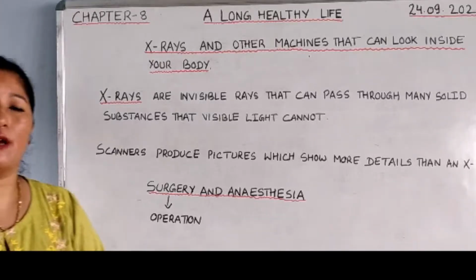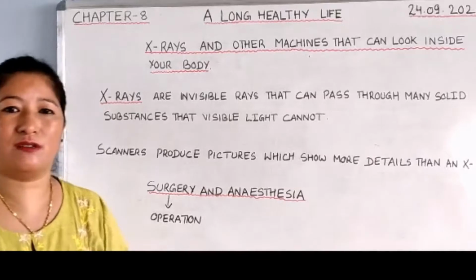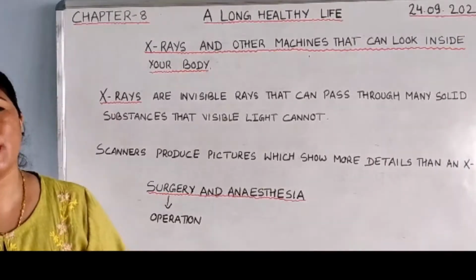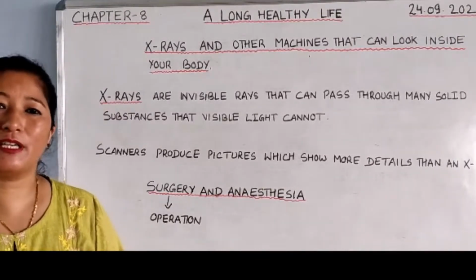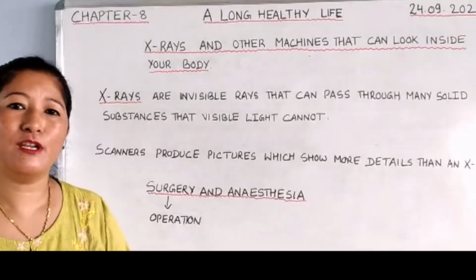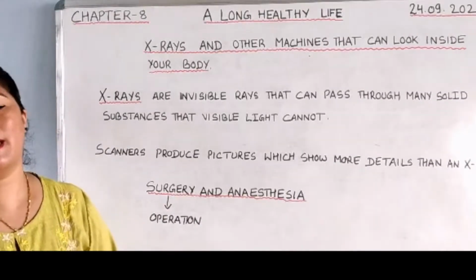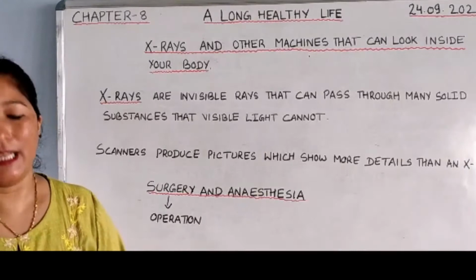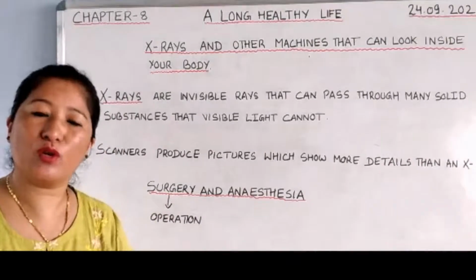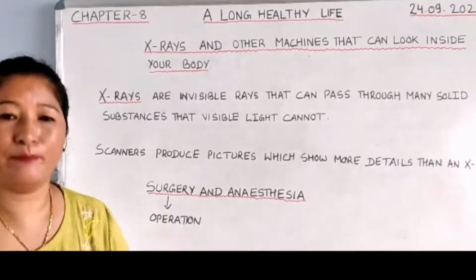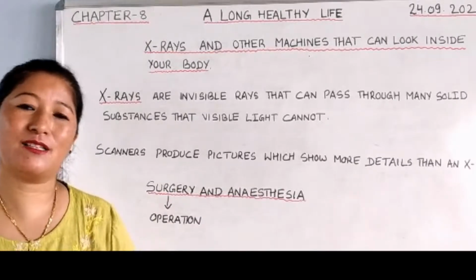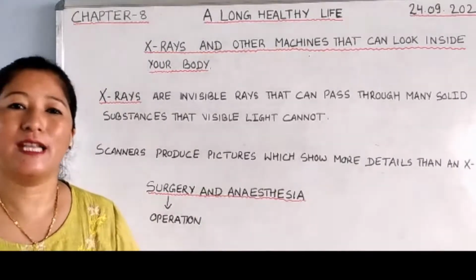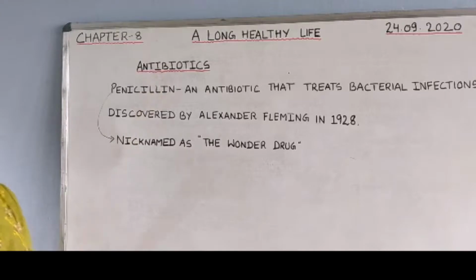Sometimes the doctor will numb only that particular portion, not the entire person, so that the doctors can easily operate. Especially the dentist will give a local anesthesia to numb the gums, so that the dentist can easily extract the tooth.